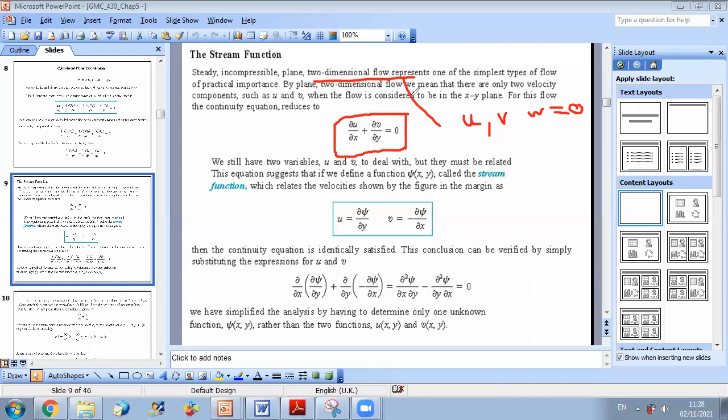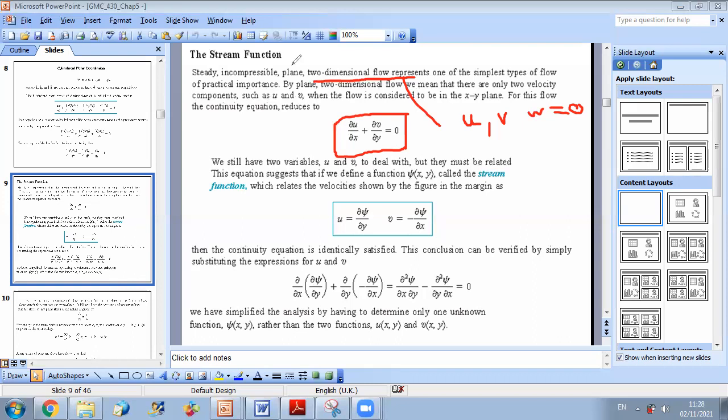Now, the idea of a stream function is a function that can relate the velocities, okay? And in this way, instead of needing to define two variables, u and v, we just need to know one function to define the velocity. So this is our purpose, to define a certain function that once we know it, we can determine the velocity field. How is this possible?